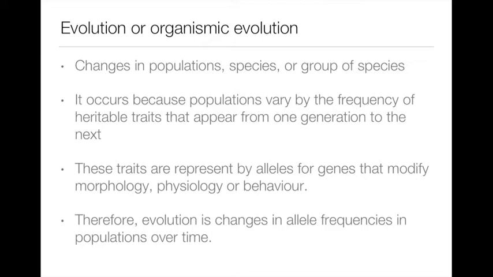More specifically, evolution occurs because populations vary by the frequency of heritable traits that appear from one generation to the next. These traits are represented by alleles for genes that modify morphology, form or structure, physiology or behavior. Thus, evolution is changes in allele frequencies in populations over time.